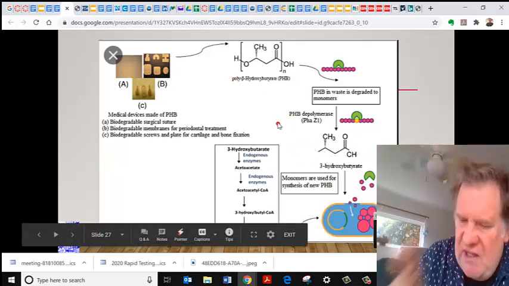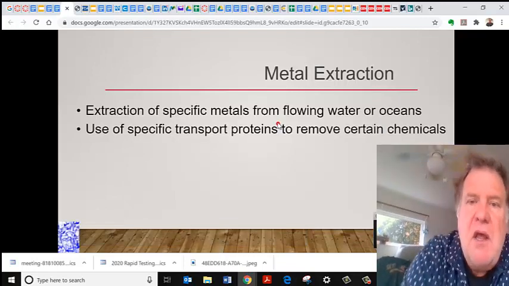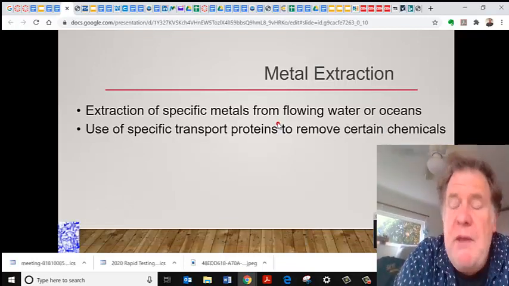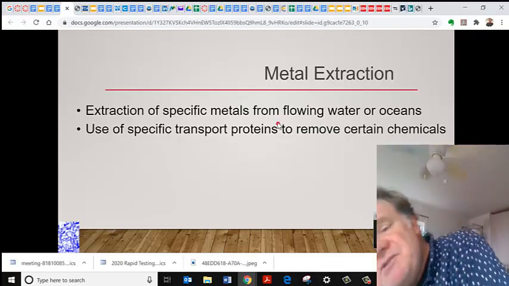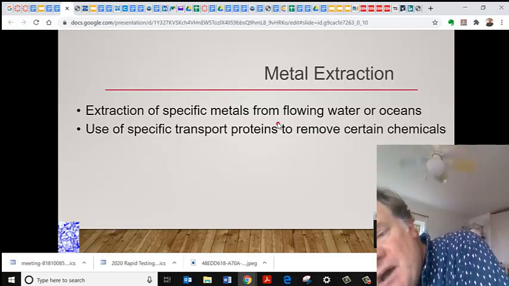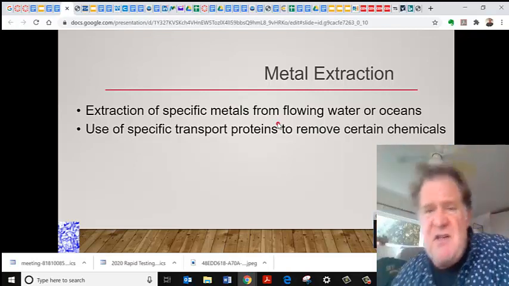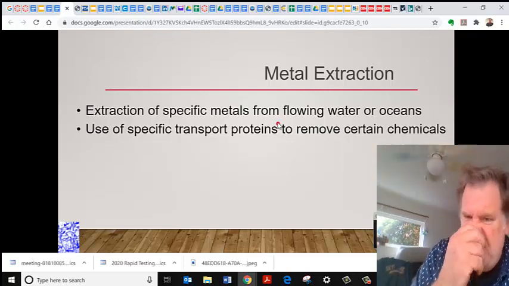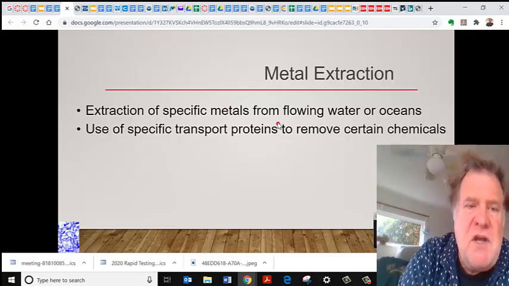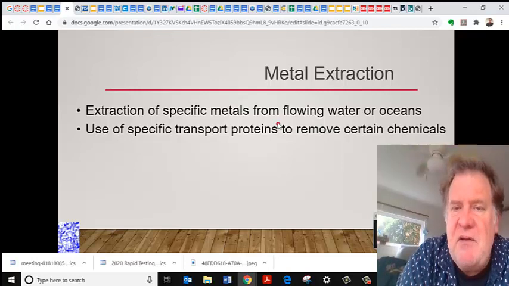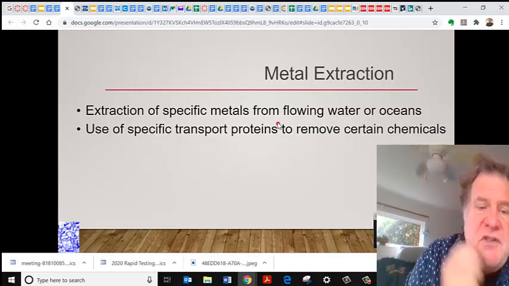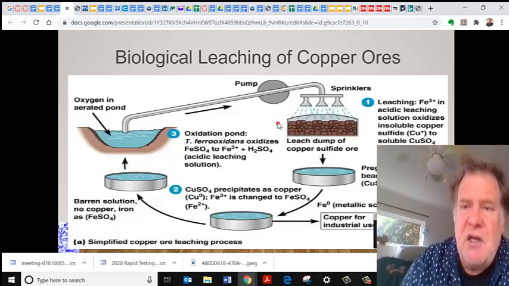I'm not going to really get into the molecular genetics of this. We've been using microorganisms to extract metal for a long time. Actually, Thomas Edison worked on this for a little bit. Metal extraction, extraction of specific metals from flowing water or oceans, the use of specific transport proteins can remove certain chemicals.